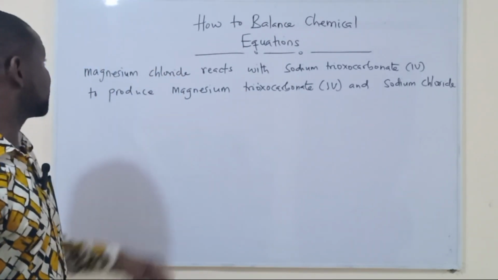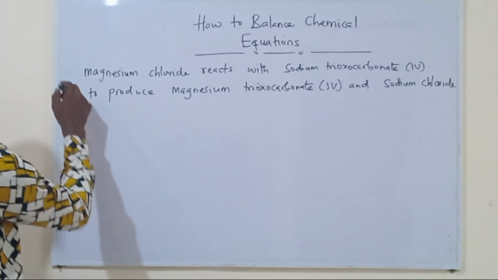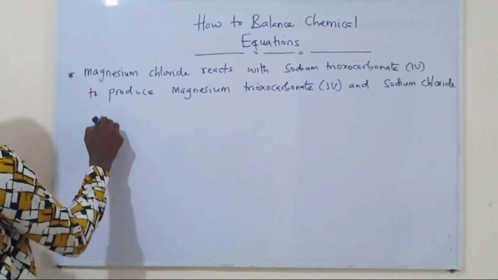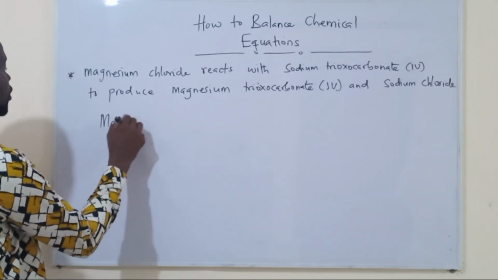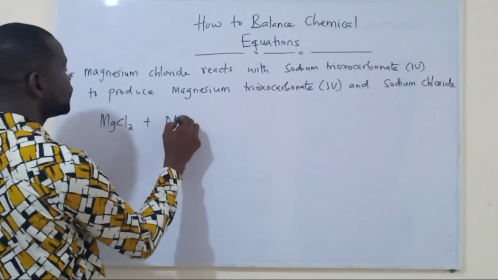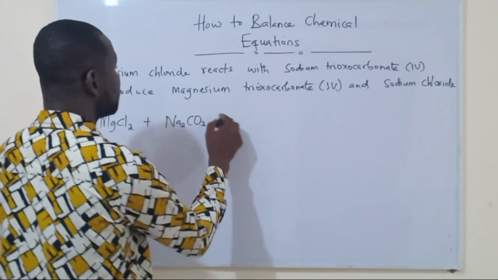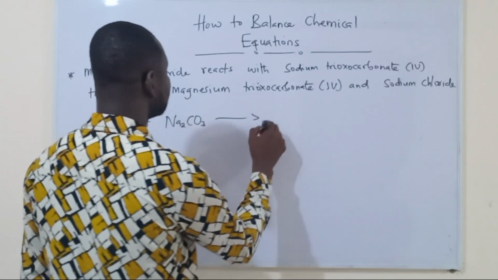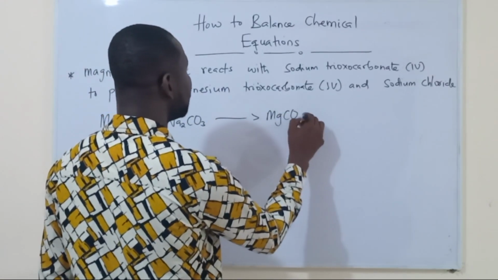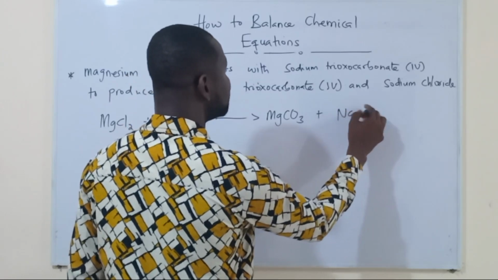So this is a word equation. So we're told that magnesium chloride reacted with sodium trioxocarbonate 4 to produce magnesium carbonate and sodium chloride.